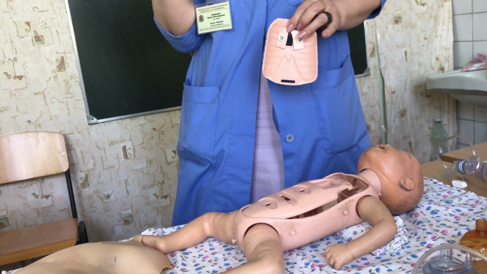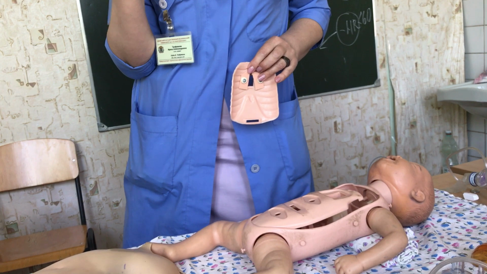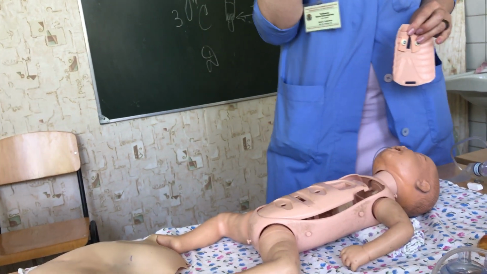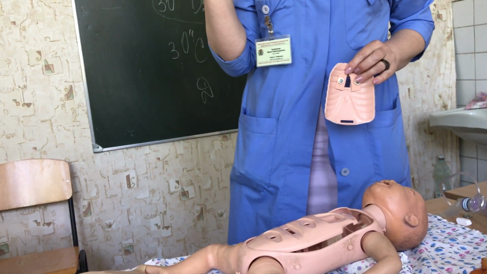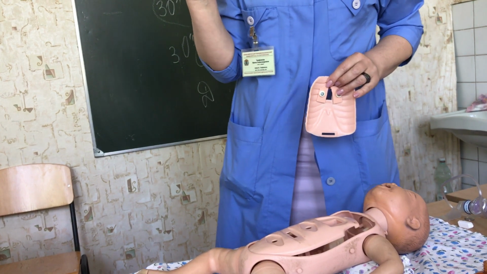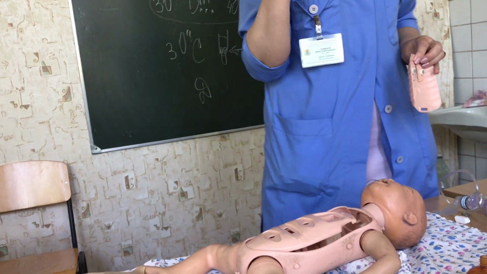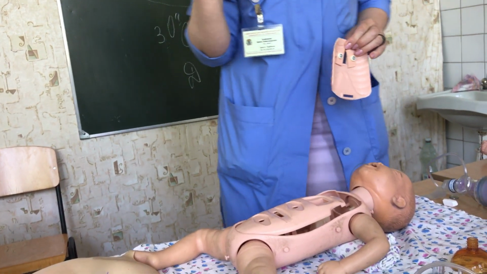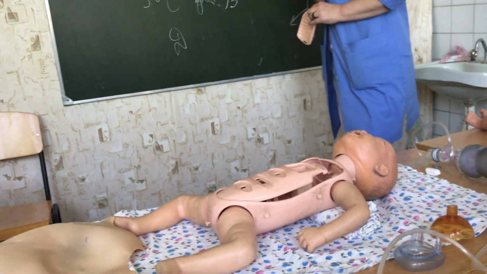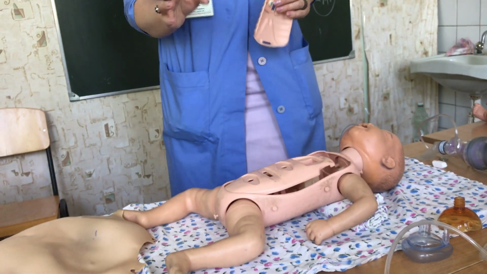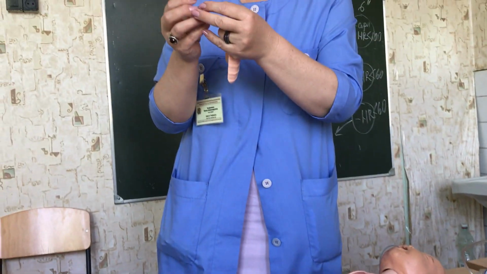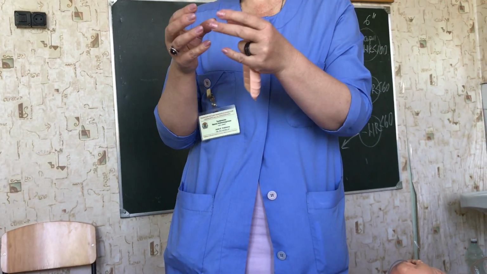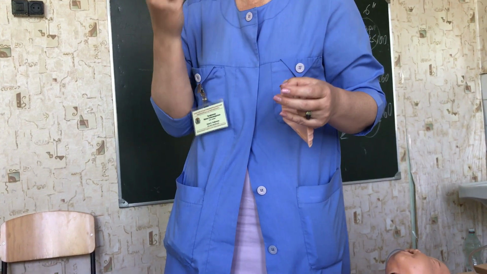But the normal heart rate characteristic for a newborn is 120 to 140 for a full-term newborn, 140 to 160 for a premature newborn. And if heart rate is less than 60, central hemodynamics is not effective, and due to the actions of your hands, your fingers, you do artificial systole.